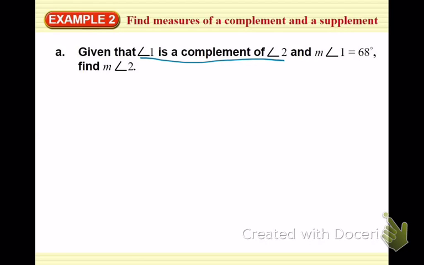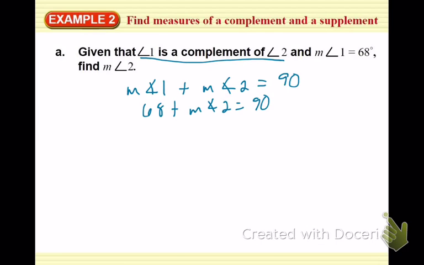If you're trying to solve some problems using the fact that 1 and 2 are complementary, it might be helpful to write an equation out. So the measure of angle 1 plus the measure of angle 2 must equal 90. And then we can plug in what we know. Angle 1 is 68.